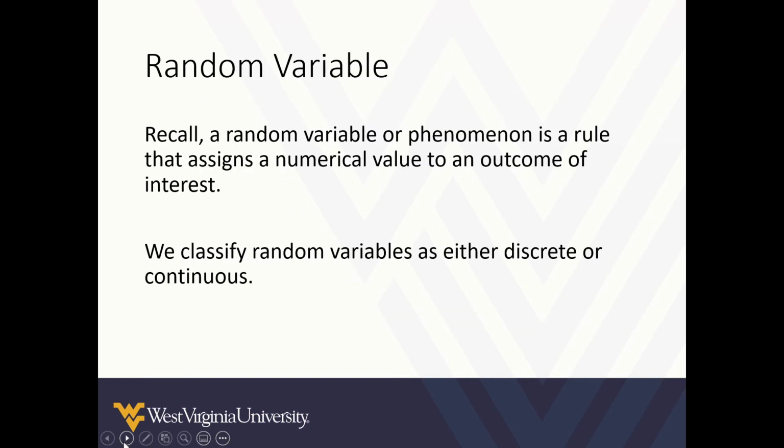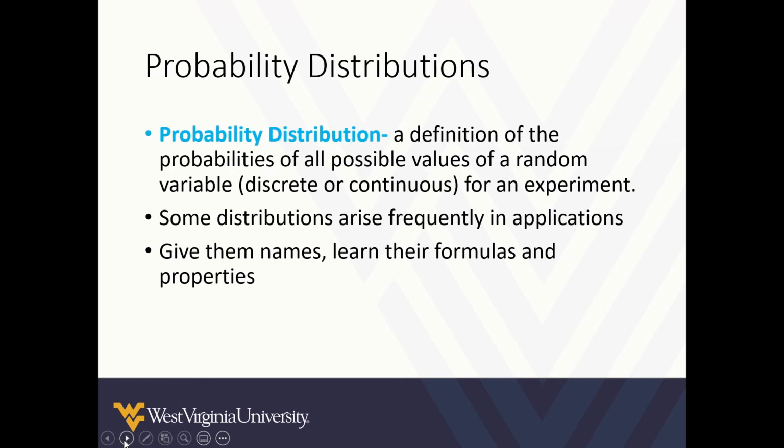So to begin our understanding of probability distributions, let's recall the definition of a random variable or phenomenon. That is, it's a rule that assigns a numerical value to an outcome of interest. And we classify these random variables as either discrete or continuous. We use random variables to form probability distributions, which is a definition of the probabilities of all possible values of a random variable for an experiment.